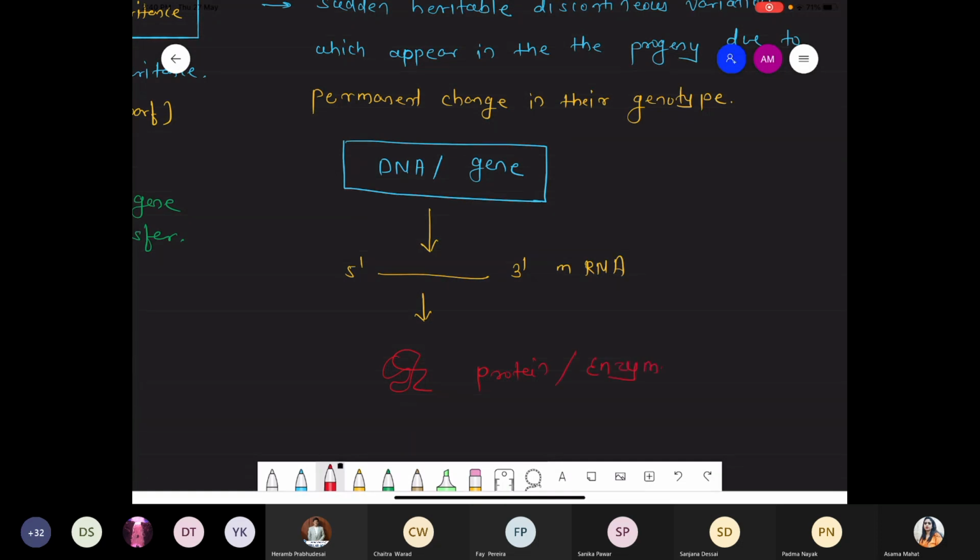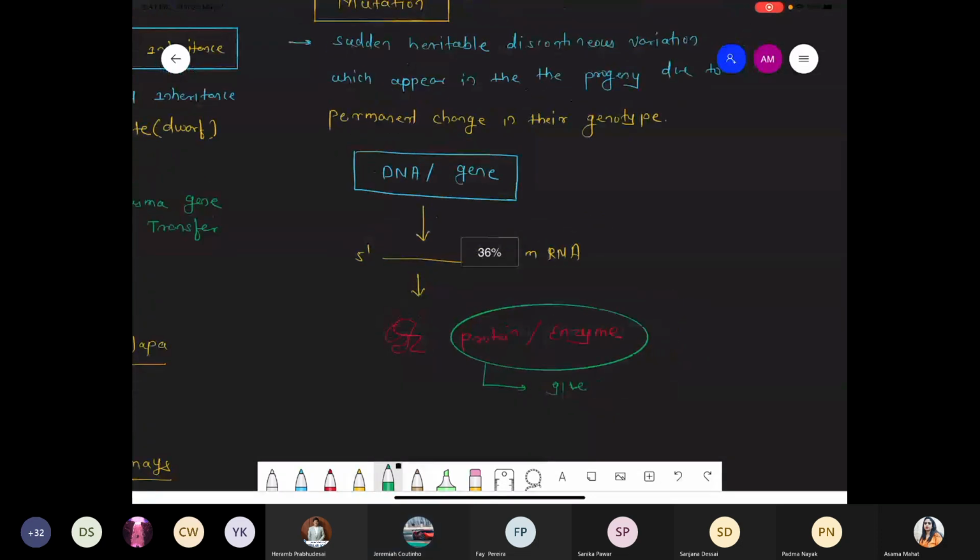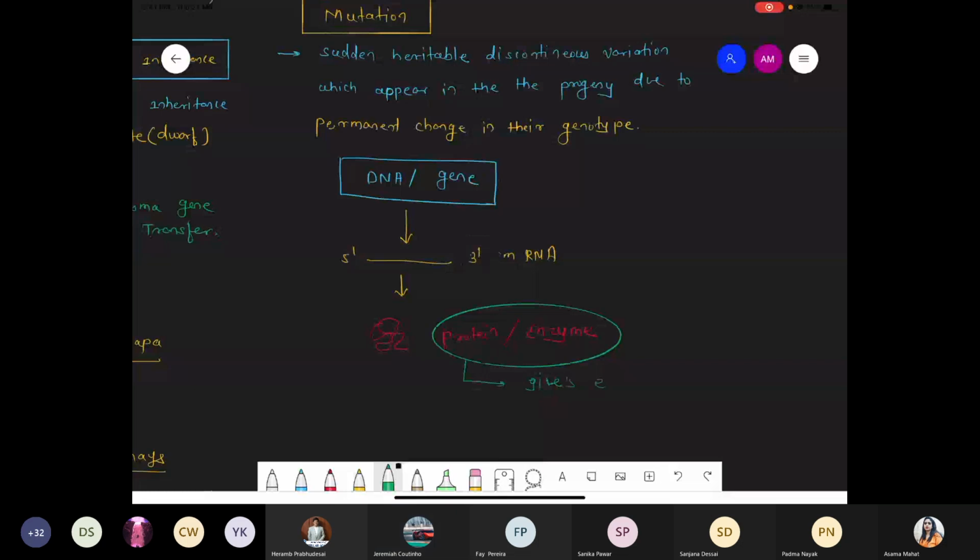And you know very well that the protein and the enzyme show the phenotype. It represents a phenotype. It will be expressed. Ma'am, can you scroll up? It will give some kind of expression. Got it?